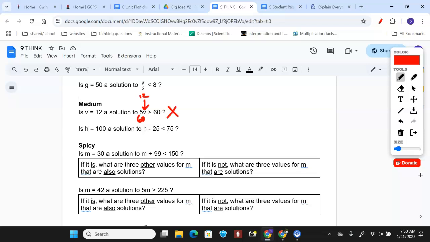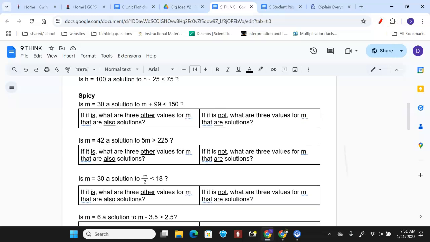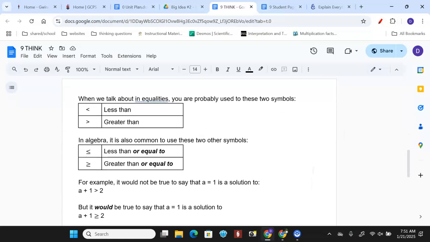It's not. The same thing happened on this one. If you put in 100 here, you got 75 on this side, there's 75 on this side, and the question is, is 75 less than 75? It's not. So sometimes we want to make it where greater or less is okay and equals is okay.